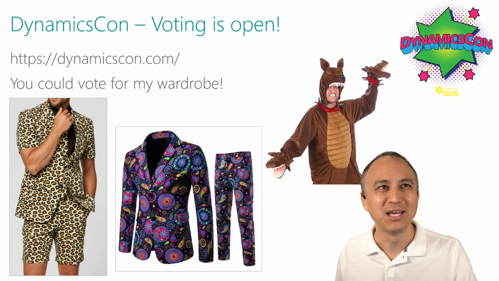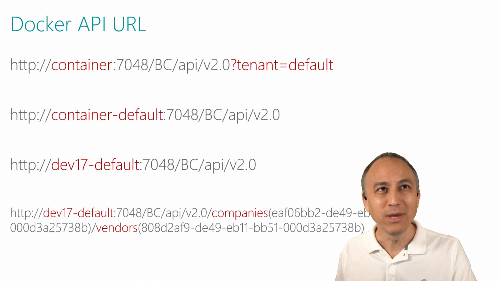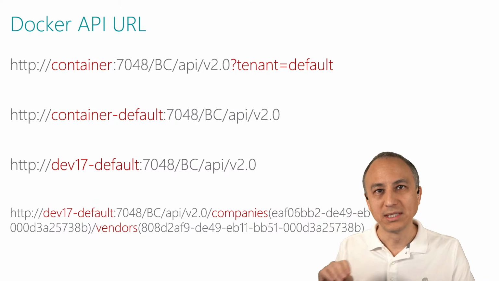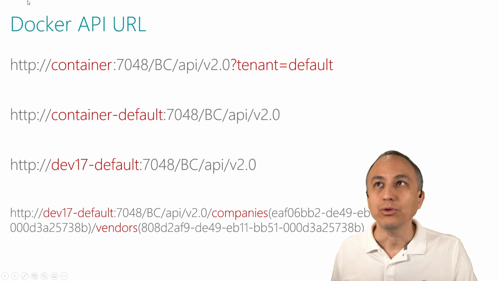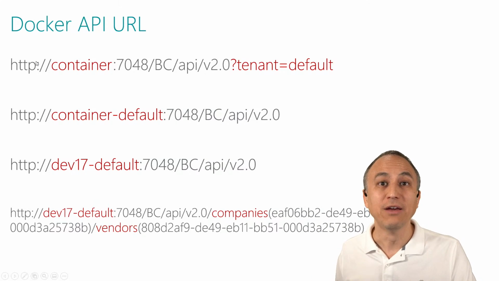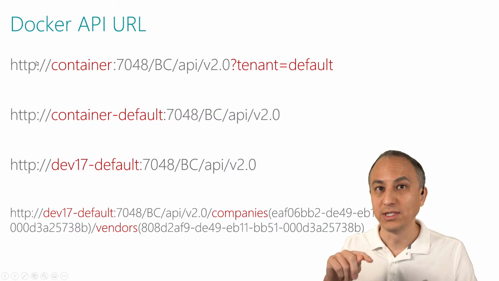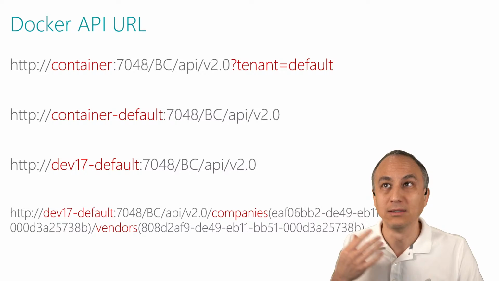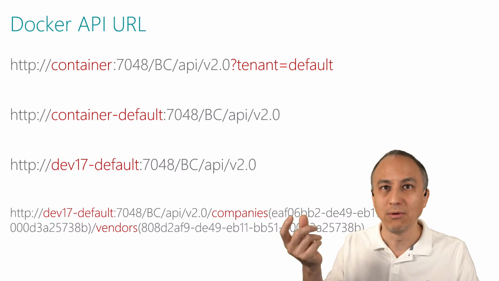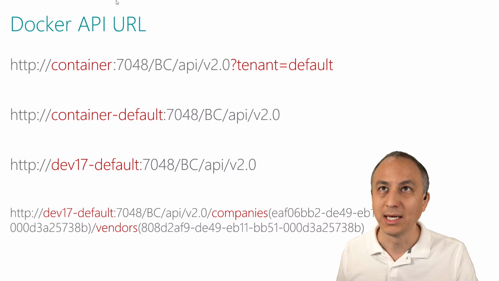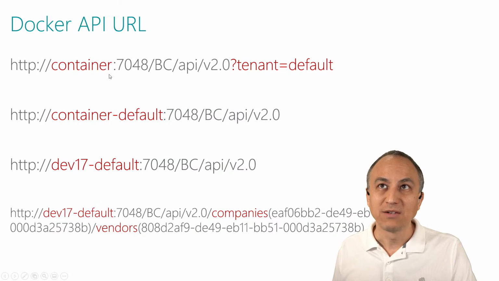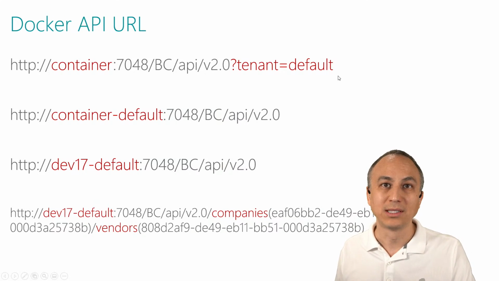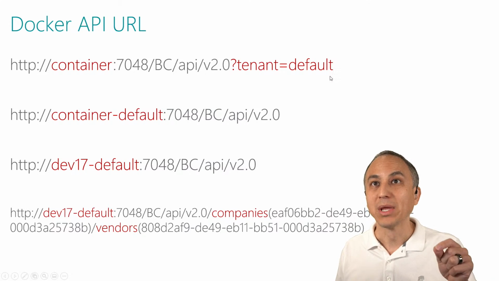Okay, so with that housekeeping done, I just wanted to mention again that when you're working with Docker with Business Central APIs, you do need to remember to specify the tenant if you're using the multi-tenant version of the Docker containers, which I believe is the default, at least it's the default on mine. I think you have to turn it off if you don't want multi-tenant. If you're specifying just your container name, then you need to put tenant equals default at the end of your API URL.